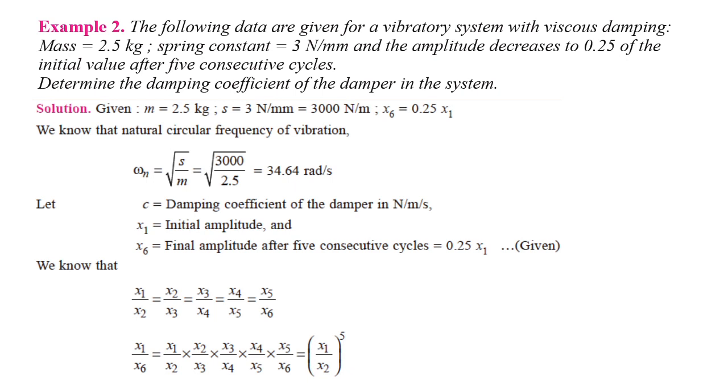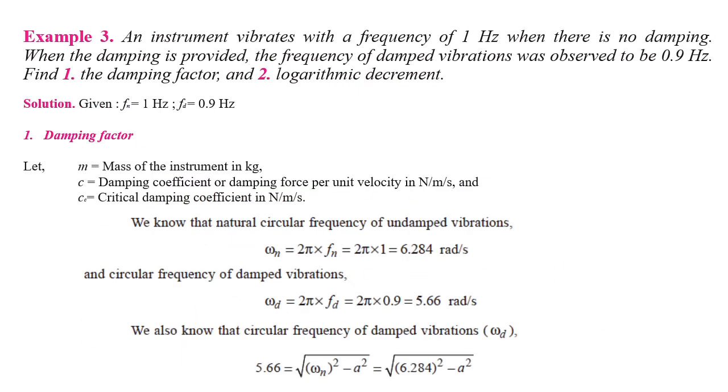The x2, x3, x4 and x5 values will cancel, and the remaining will be x1 upon x6 only. Therefore x1 upon x6 is equal to x1 upon x2 raised to 5. Here we know one ratio, that is x1 upon x6 is equal to 1 upon 0.25, that is 4, so x1 upon x2 is 4 raised to 1 upon 5.